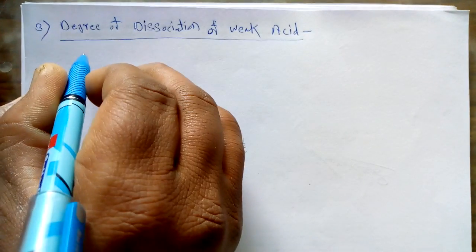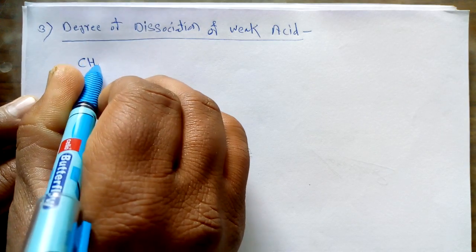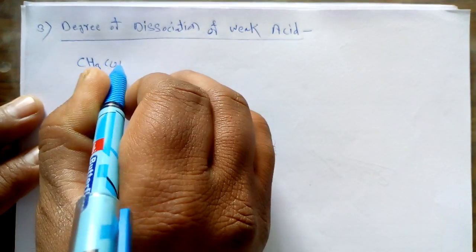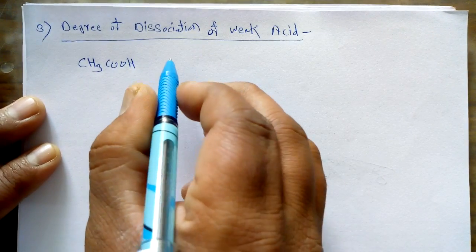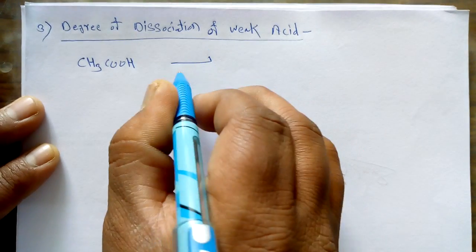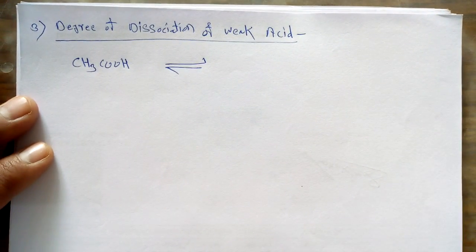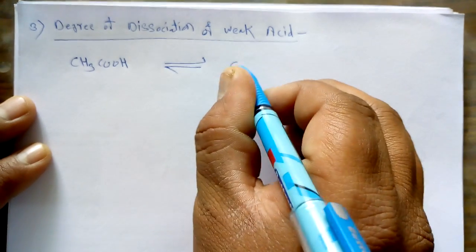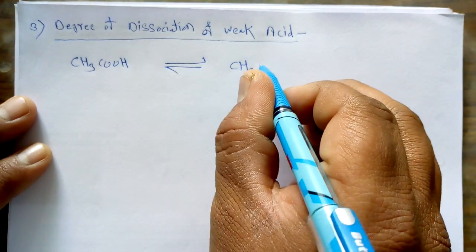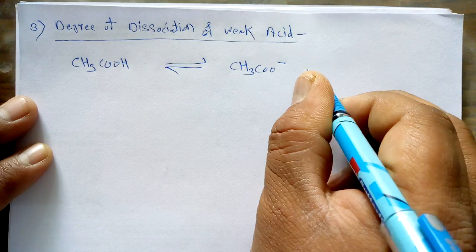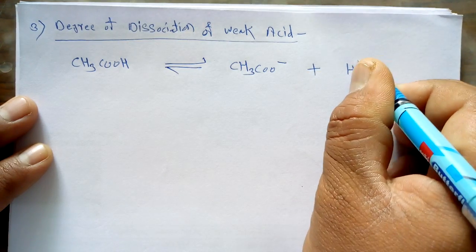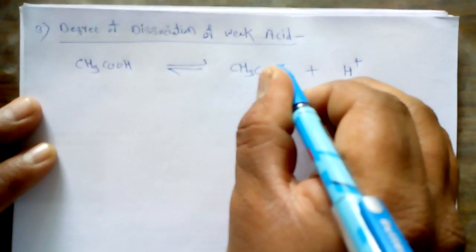Whenever we consider this weak acid, that is acetic acid, we know that it gets partially ionized into its constituent ions. So first ion is the acetate anion CH3COO minus, plus the second ion, which is H plus.